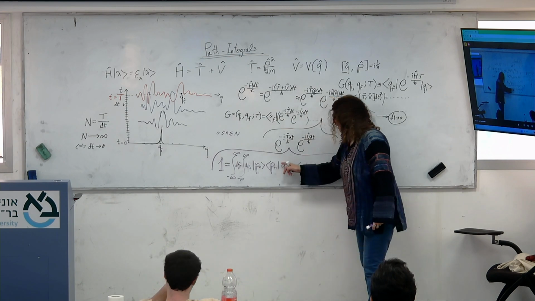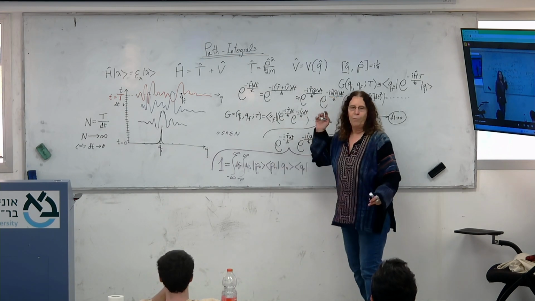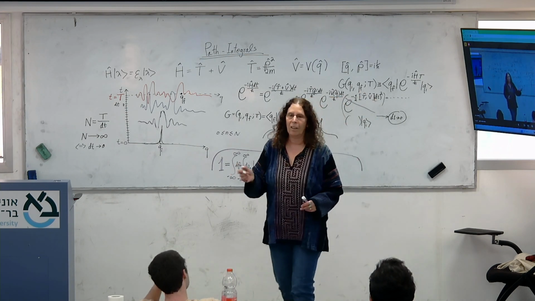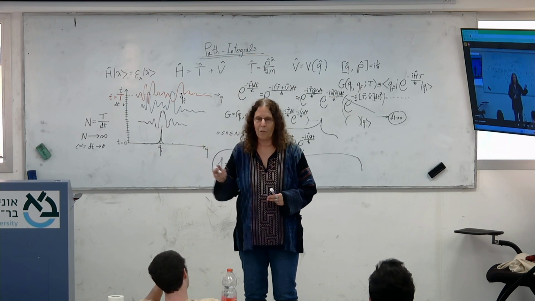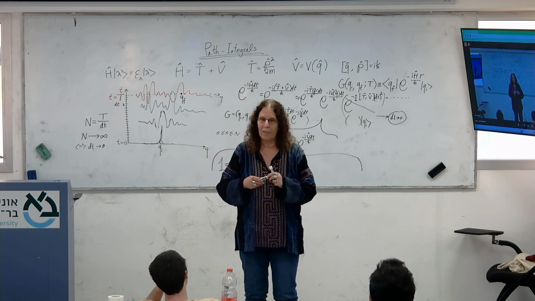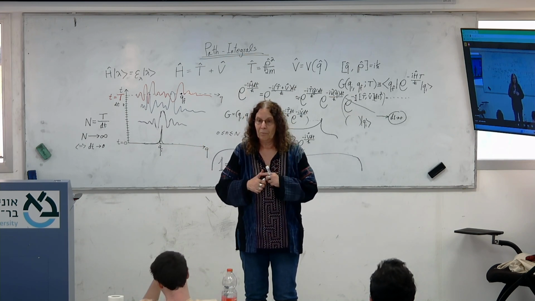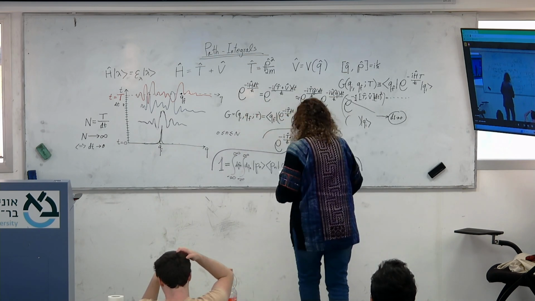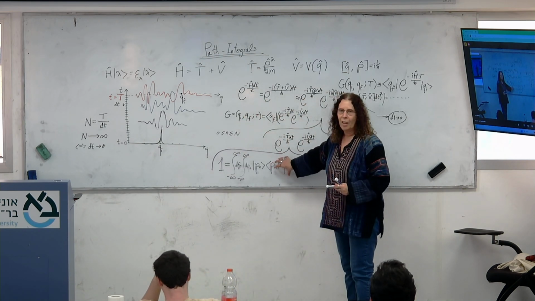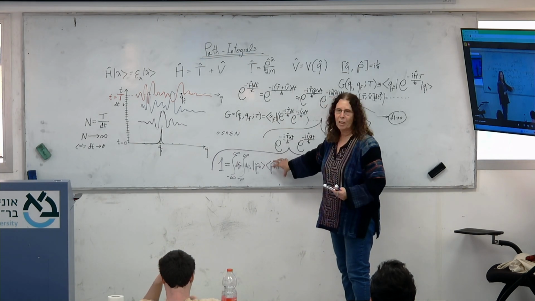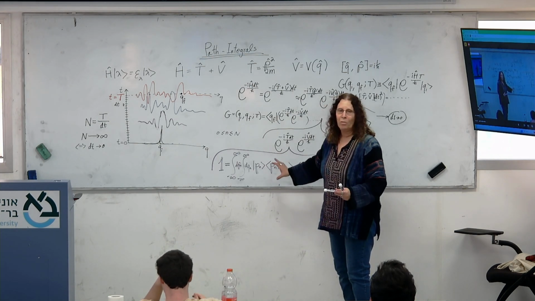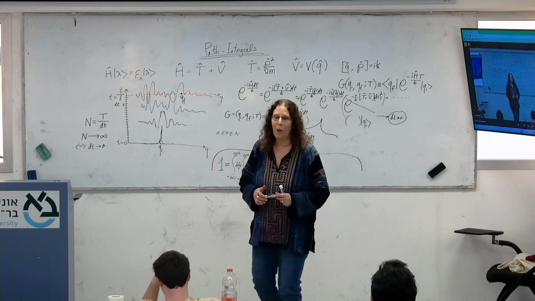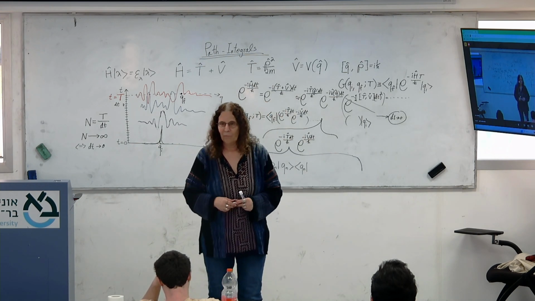But this is nothing but the wave function of a free particle, or the star, the complex conjugate, okay? But I'll get to it. But importantly, it's a number. Not only is it a number, it's a simple and known function of P and Q.